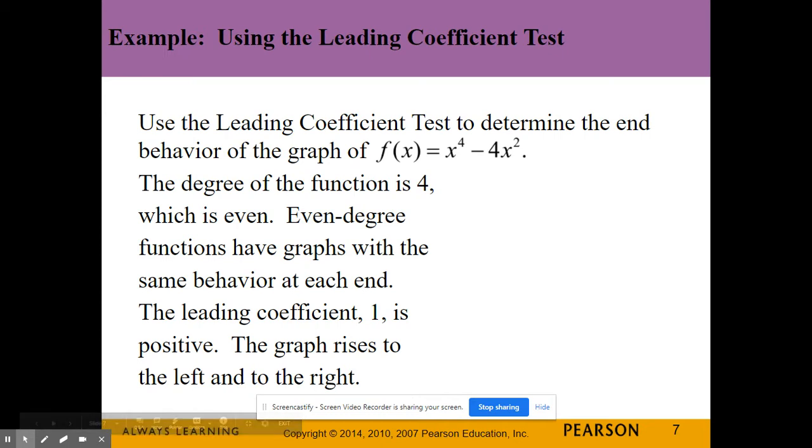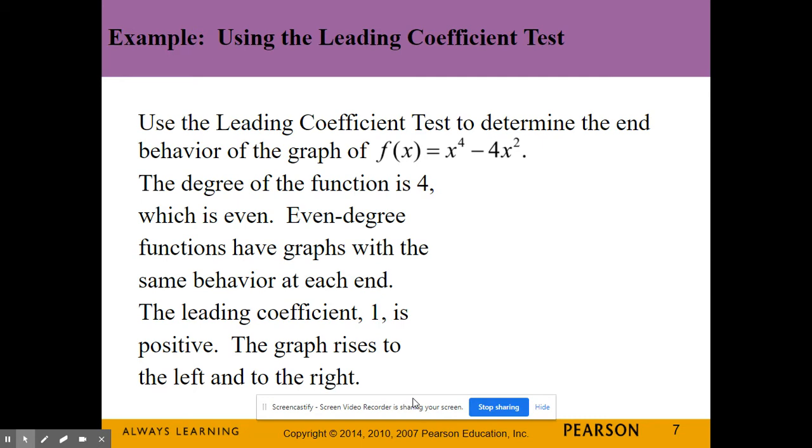So let's talk about what this means for an example. So here's a function, f of x equals x to the fourth minus 4x squared. Again, there's only two things I'm looking at. The degree of the function, which in this case is even, and the leading coefficient, which there is none, so it's 1, so it's positive.